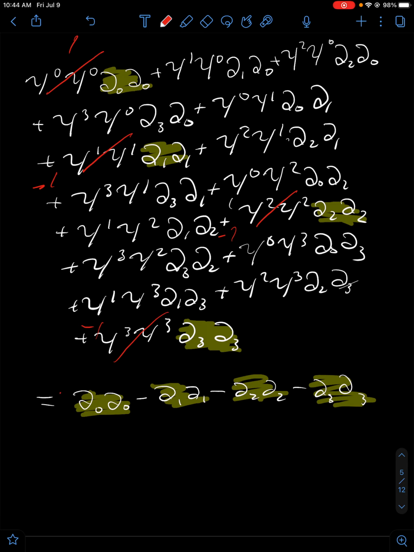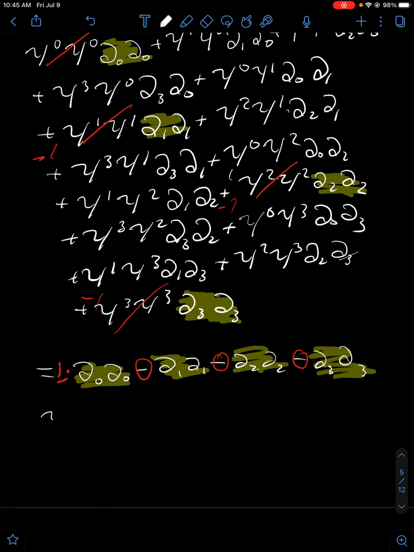Since there's like an invisible hidden 1 in front of partial not, and there are minus 1s ahead of the other terms. So we've just deduced that gamma not should equal 1, and gamma 1 should equal gamma 2, which should equal gamma 3, which should equal minus 1.